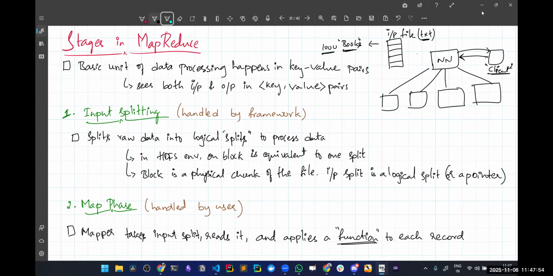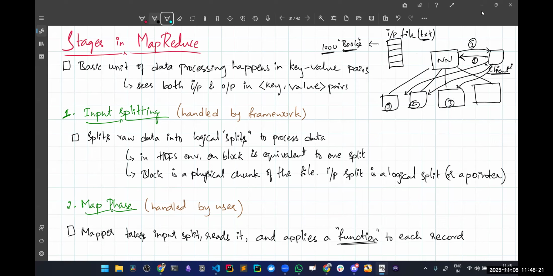This is the first step, and this is the second step. My client directly sends a master copy of my program to all of the nodes that are present. Let's say we have three nodes that have data: first node, second node, third node. All these three have the data of all the 1,000 books.